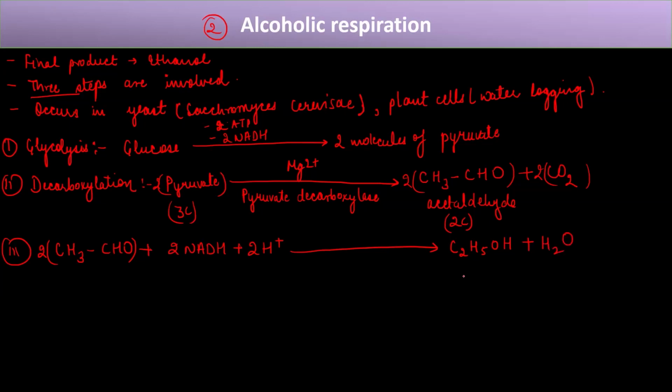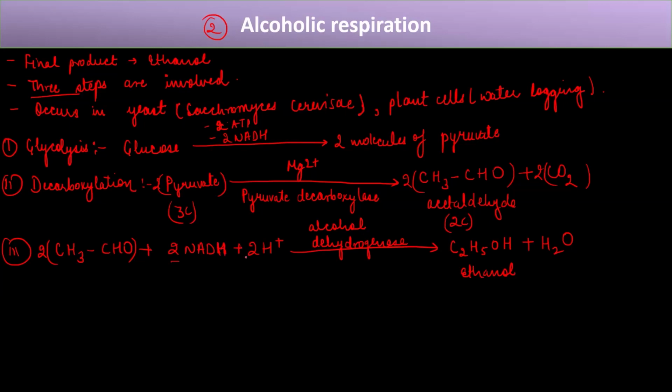So the product formed here is ethanol, and the enzyme that catalyzes this reaction is known as alcohol dehydrogenase. Now you can see that dehydrogenase is involved where the NADH is being used.